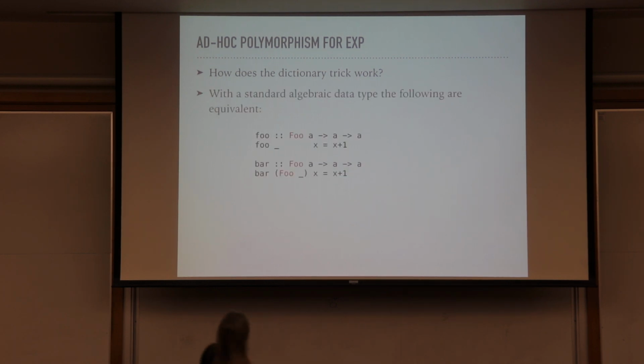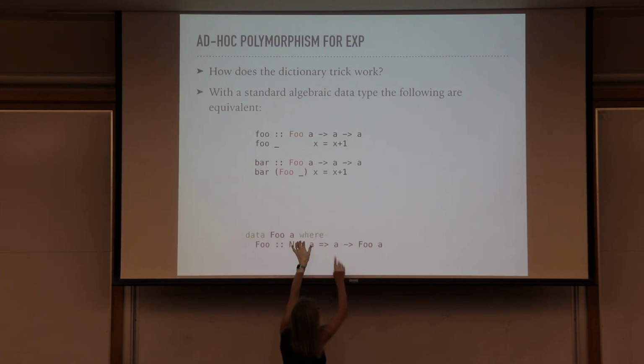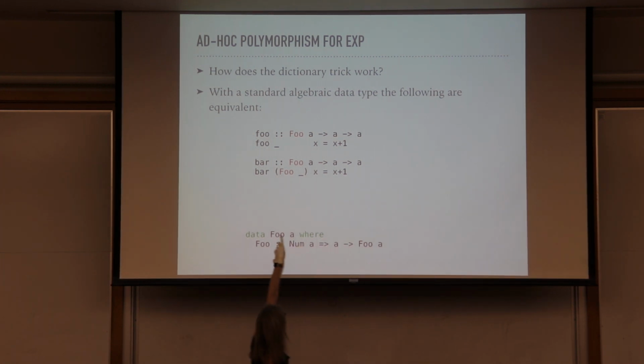The way this trick works has to do with the way class constraints are resolved. Let's say you have some data type Foo, which has one constructor Foo that takes an A and gives you a Foo of A. If we don't have GADTs, if you have regular algebraic data types, then foo and bar should be the same.